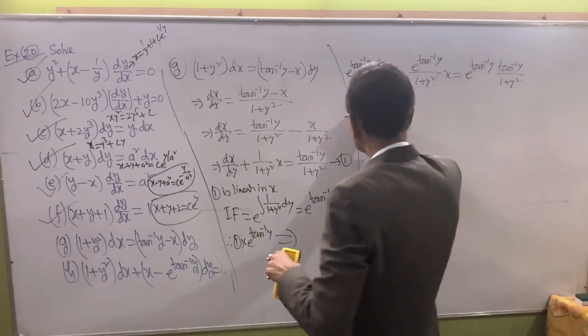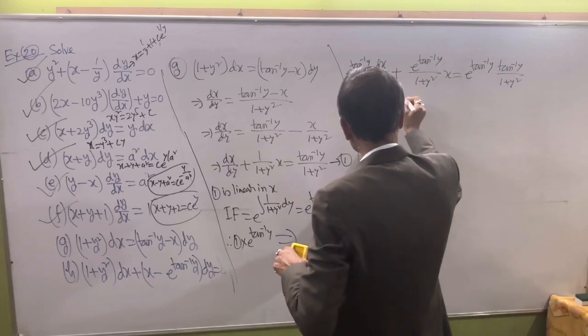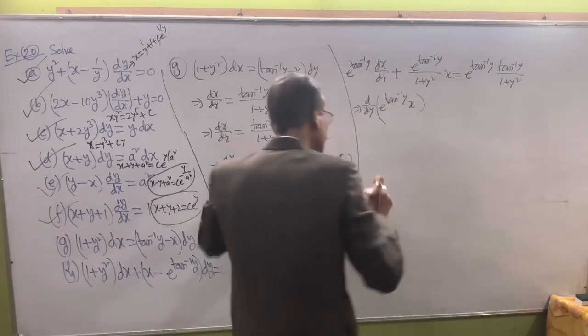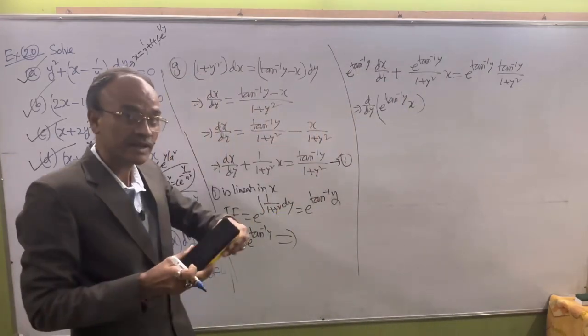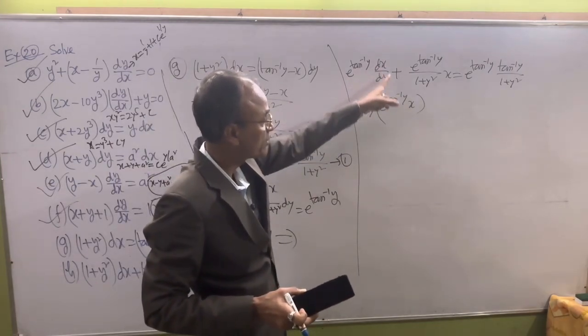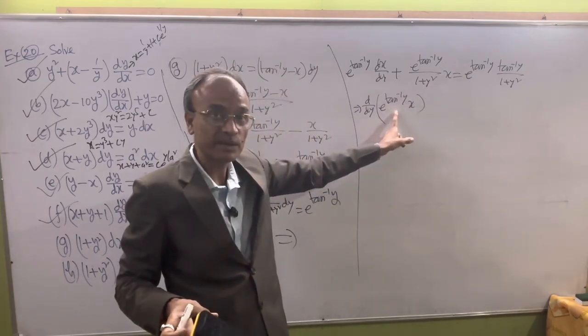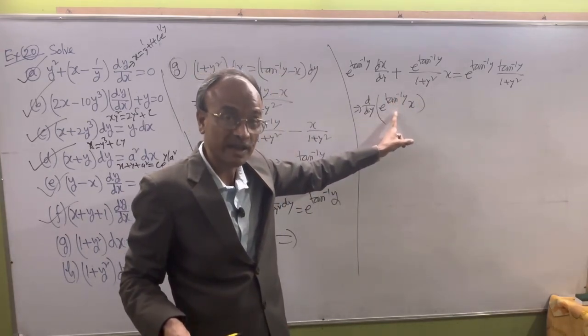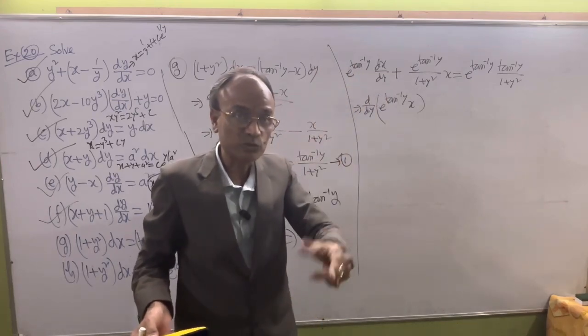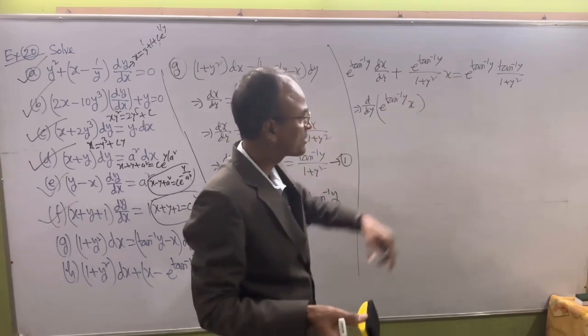This means you may write d dy of e to the power tan inverse y into x. First function e to the power tan inverse y, differentiation of the second function, it will be dx by dy plus second function x, differentiation of e to the power tan inverse y is e to the power tan inverse y, and differentiation of tan inverse y is 1 by 1 plus y square. It is e to the power tan inverse y by 1 plus y square.